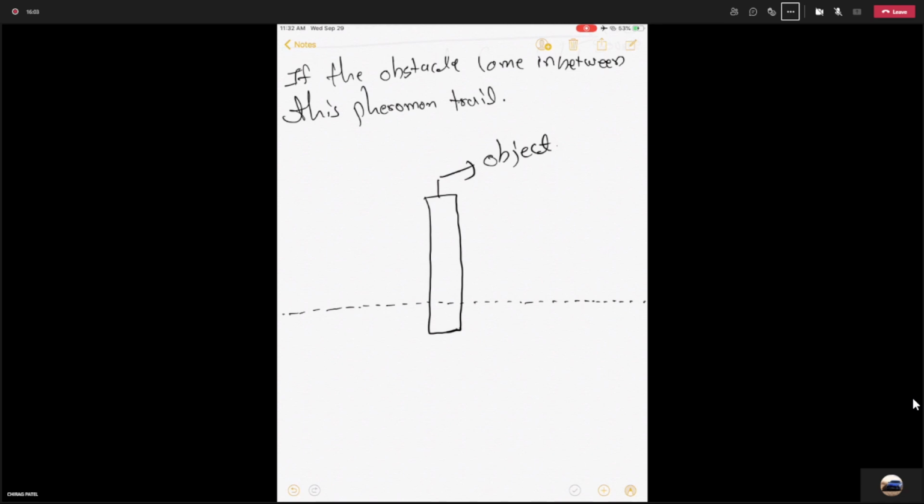Because of that, the ants that were here will not be able to travel on the straight path. This is your food source. Right? So what will the ants do at this moment, because the straight path was blocked, an obstacle, an object came in between, right? And now again they want to go to the food source.